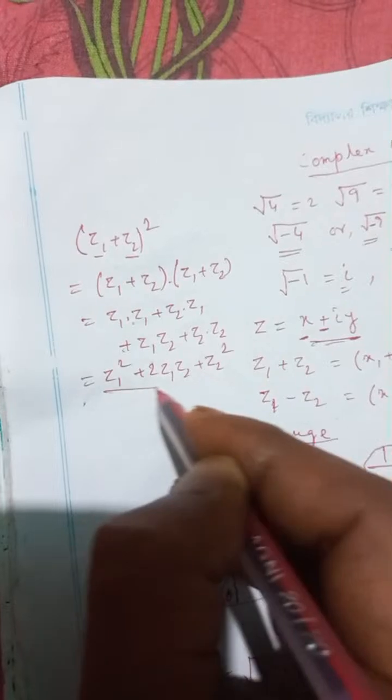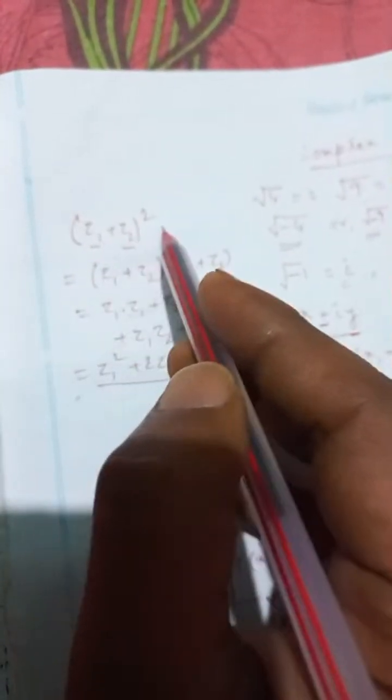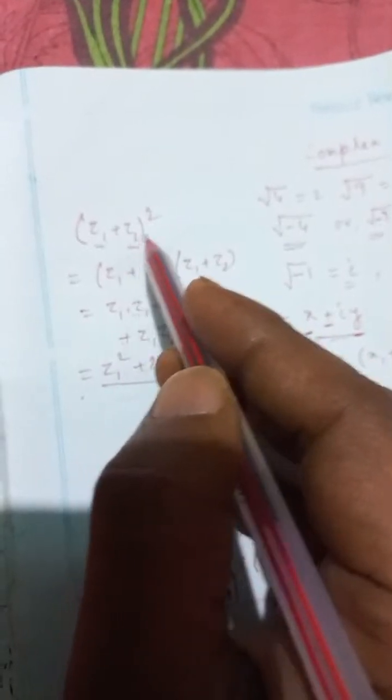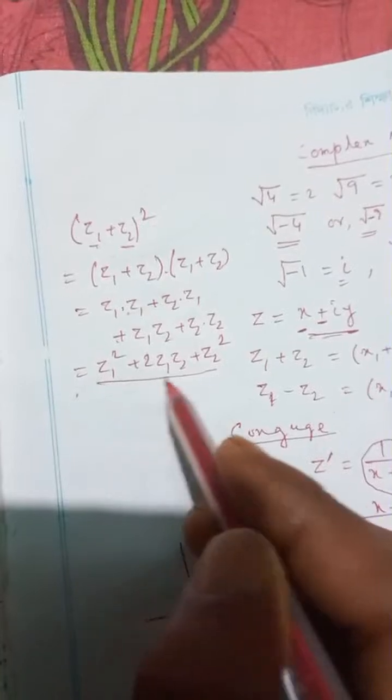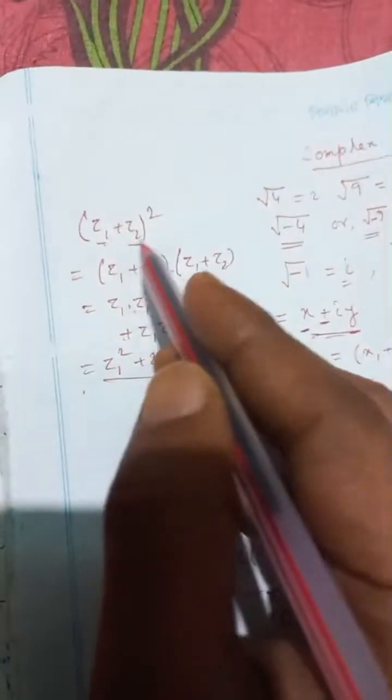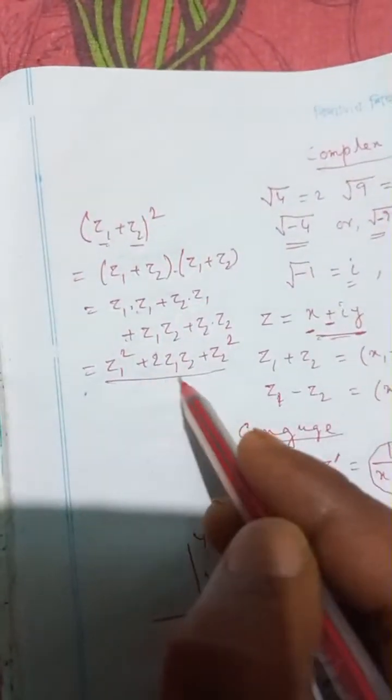In this way the square of the sum of two complex numbers is like a plus b whole square equals a square plus 2ab plus b square.